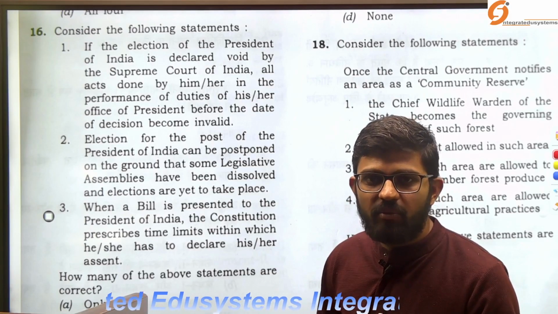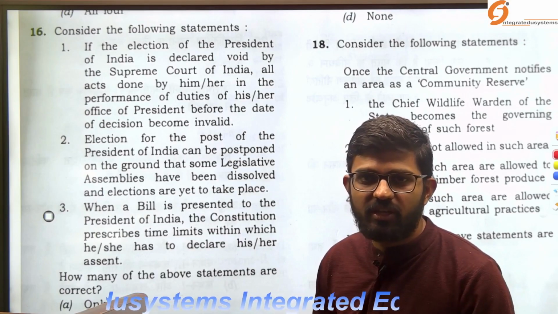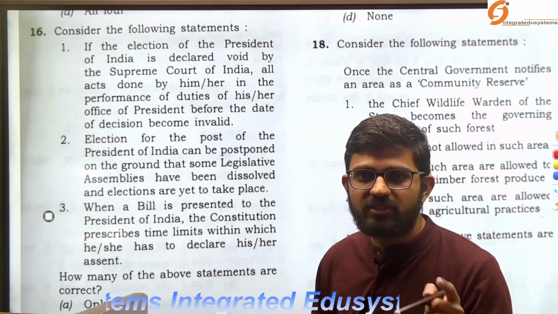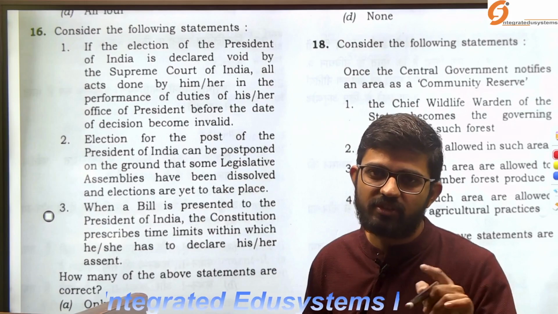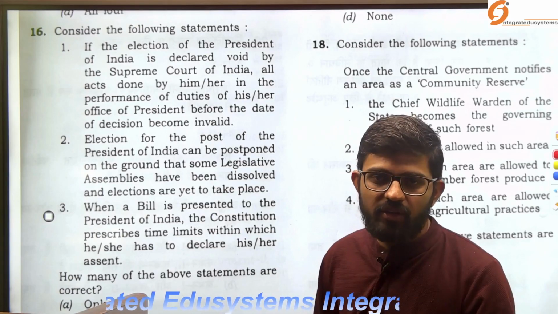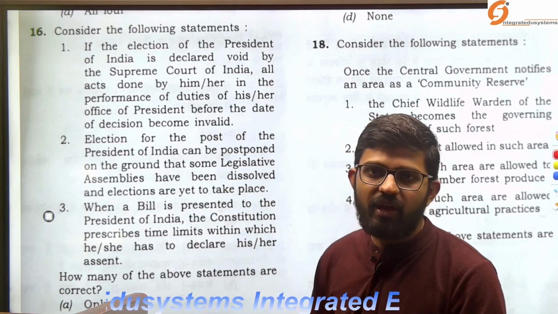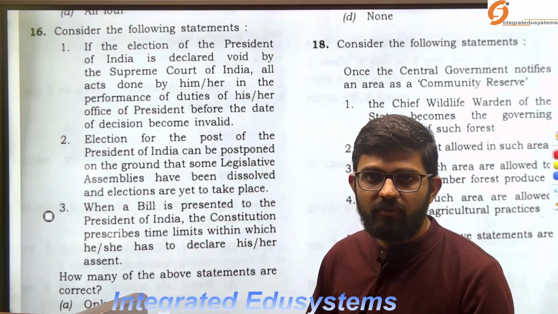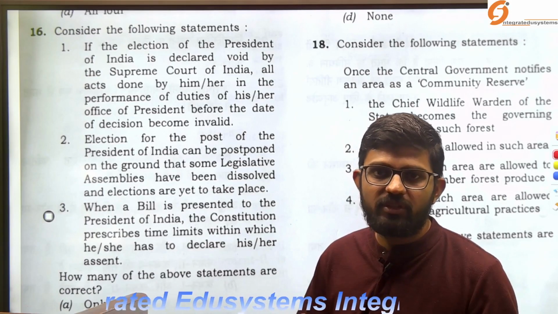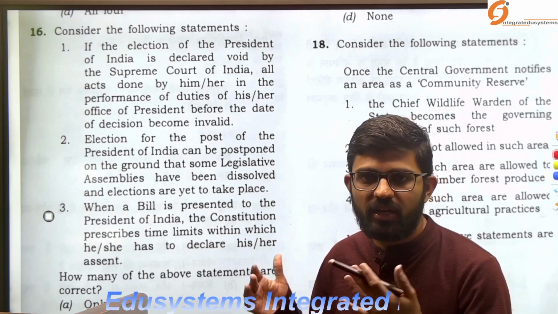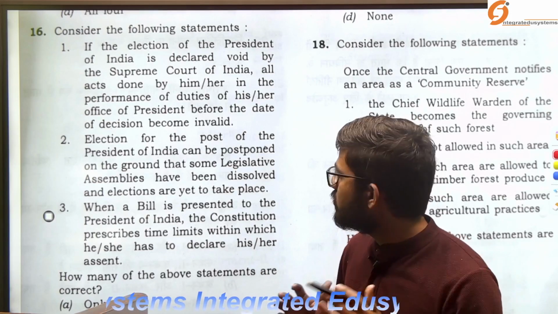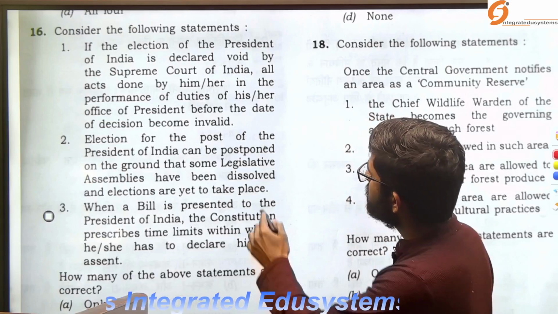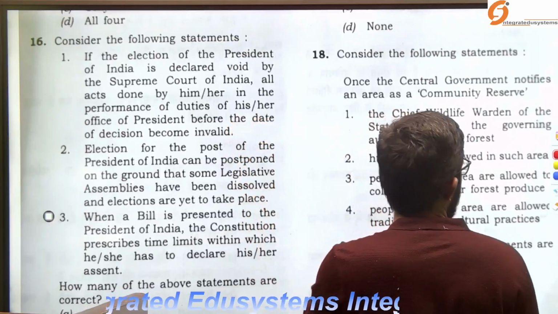Because there may be an issue with the President's election, but whatever act is done by the President is on the advice of the central government. And when you make it invalid, you are dealing with the acts, the work which the central government has done. You are taking the country backward. So that is a constitutional foresight that it has. So it can't be this option definitely.